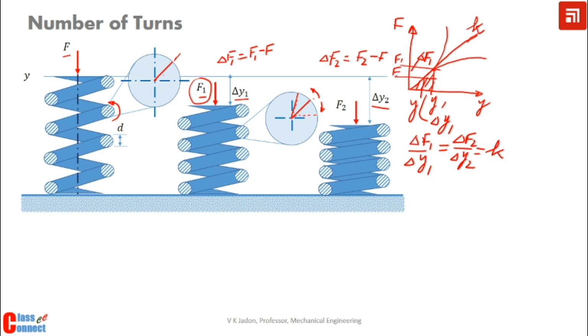If we want to know how much work is done when we start at F and reach F1, then this area is to be considered as work done. And for this work done, the energy is stored as strain energy of the spring wire.